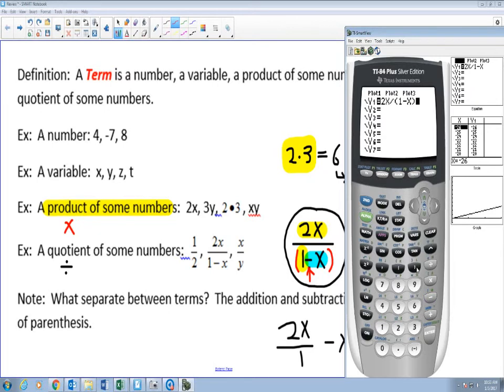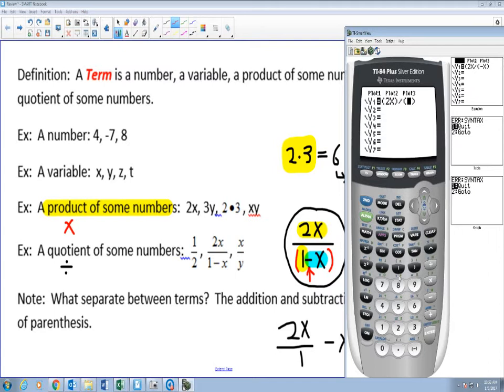Close parenthesis. Now, typing it this way is a little bit dangerous because my numerator has a variable in it. So the calculator can see this a little bit funny. So a safer way is to put the 2x in parentheses, divided by the denominator in parentheses as well.